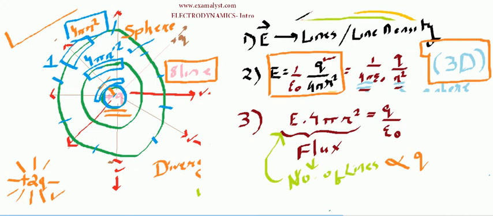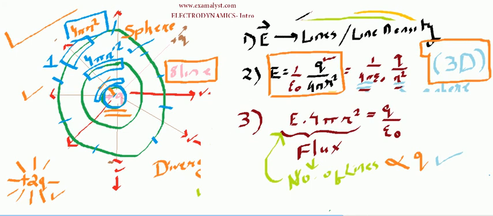So number of lines not only tell me where the charge is more, but they also tell me whose electric field is more. So the truth is, number of lines actually is proportional to charge. Agreed?